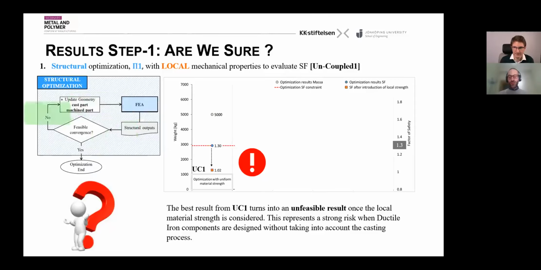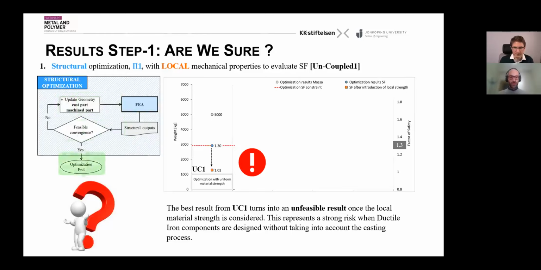When you compare the stress analysis made using homogeneous material to the local strength, then you go down from safety factor 1.3 to 1.02. That was not acceptable at that time.